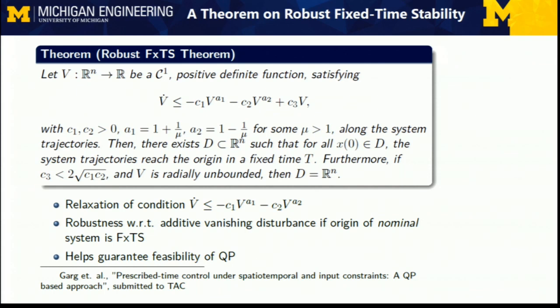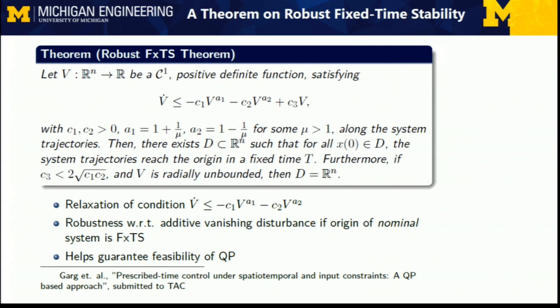And in order to say something about the feasibility of the QP, one of the lemmas that we needed was to see what happens in the case of disturbances that act on our system, or in other words, an intermediate result that we needed was to prove conditions for robust fixed time stability, which essentially gives us this additional result here.